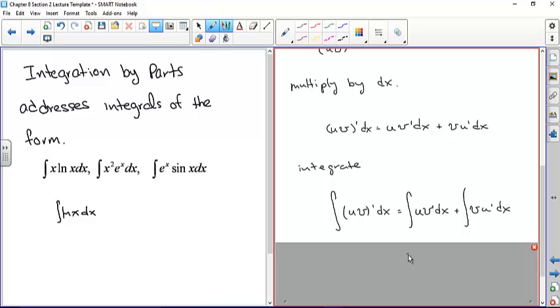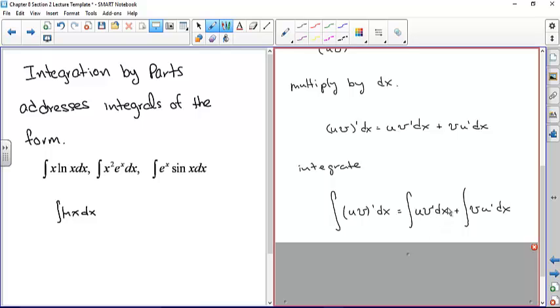Now, like with integration by parts, we had the same kind of situation. If you integrate the derivative of a product, you just get u times v. So the left-hand side just becomes u times v. And what we're going to do is combine these two. v prime is dv dx, and then we're going to multiply by dx.